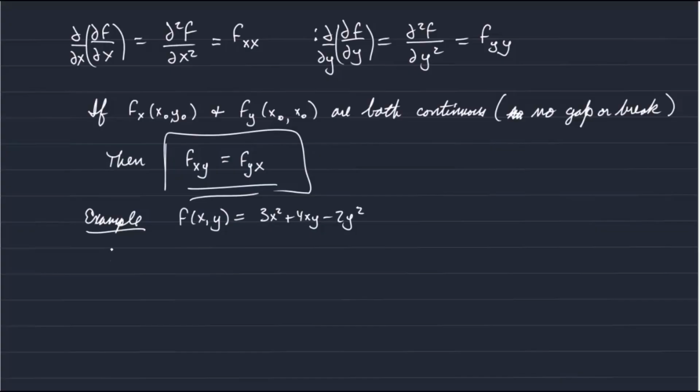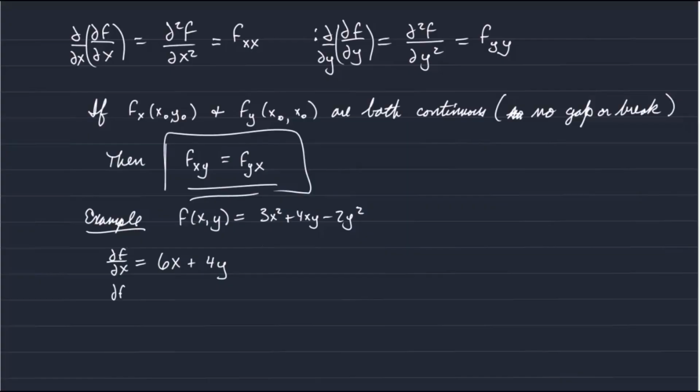Then we can evaluate the partial with respect to x. We just treat y as a constant when we take this partial derivative, and take the derivative with respect to x. So the first term gives us 6x. The second gives us 4y, because again we're treating y as a constant. And the last term is equal to 0.